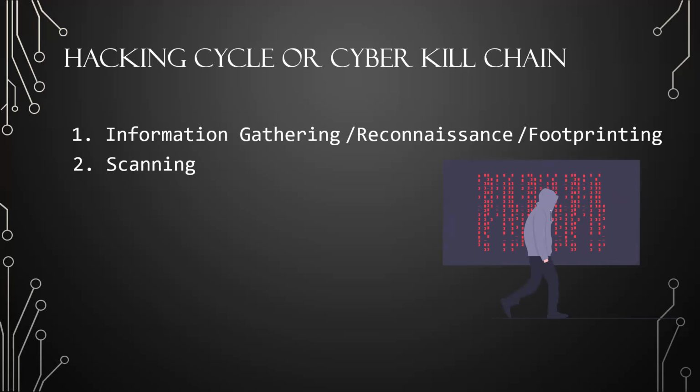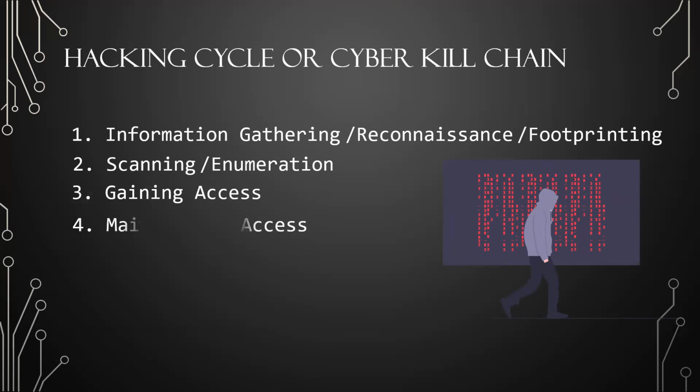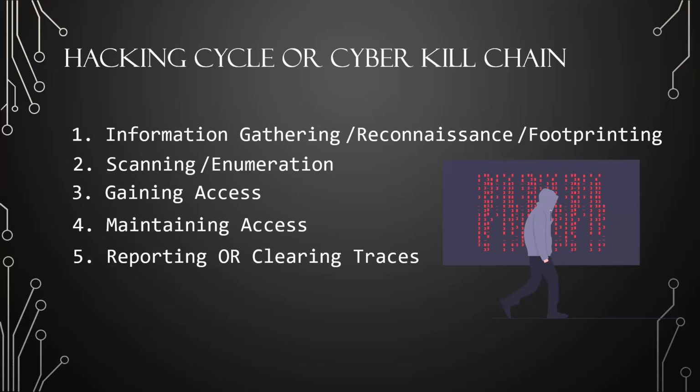The second step is called scanning. It can also be referred to as enumeration. The third step is gaining access. The fourth step is maintaining access. And the last step is called reporting or clearing traces. If you carefully observe, only in the last step I've mentioned the word or.